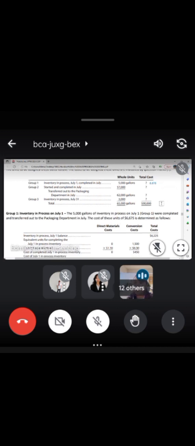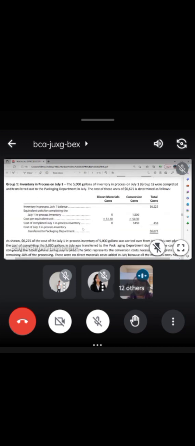Okay, so maklaro? So si beginning inventory guys, 6,675 ang cost niya out of the 90,000. This is computed as follows.